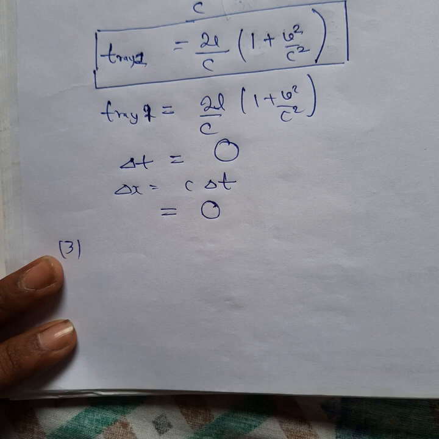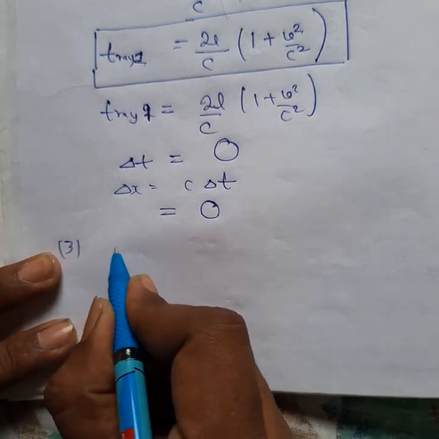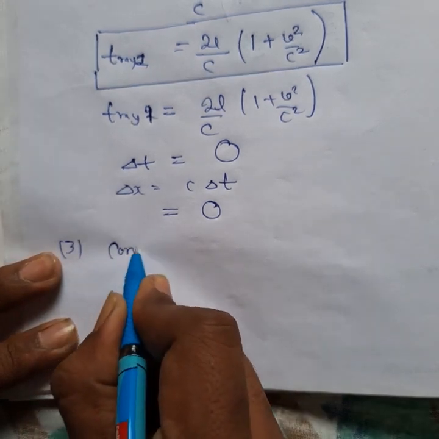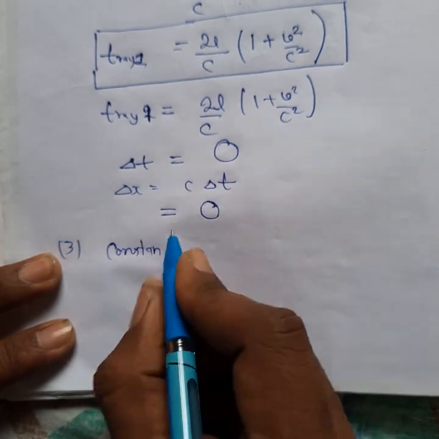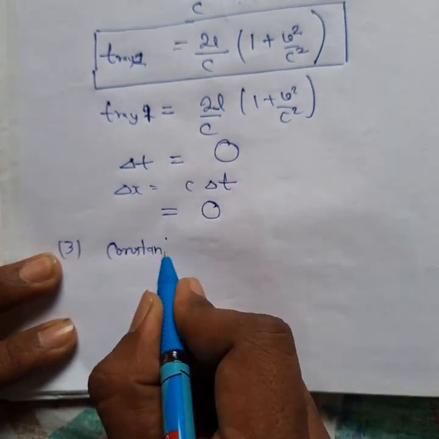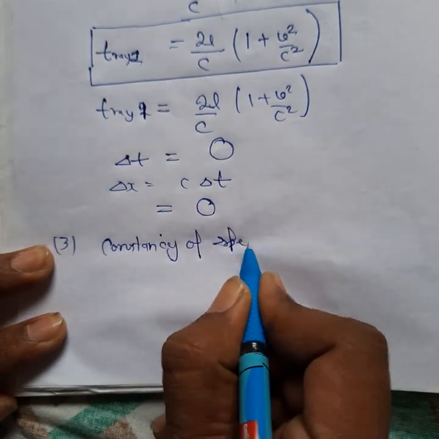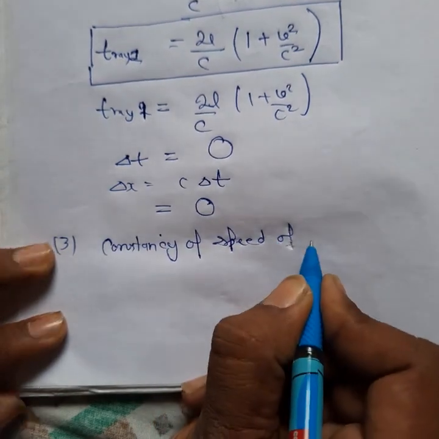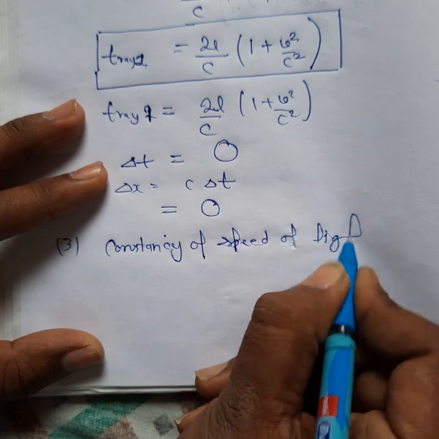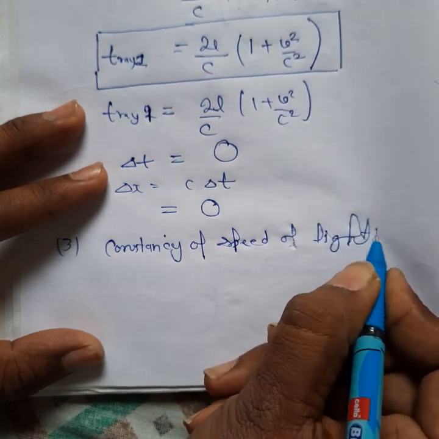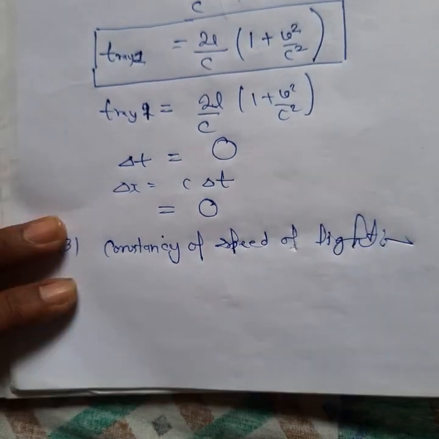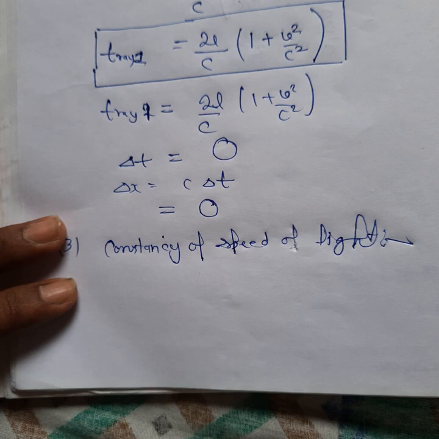The third explanation was made by Einstein, and it was the constancy of speed of light. So Einstein suggested a true and simple explanation for the negative result of the Michelson-Morley experiment.